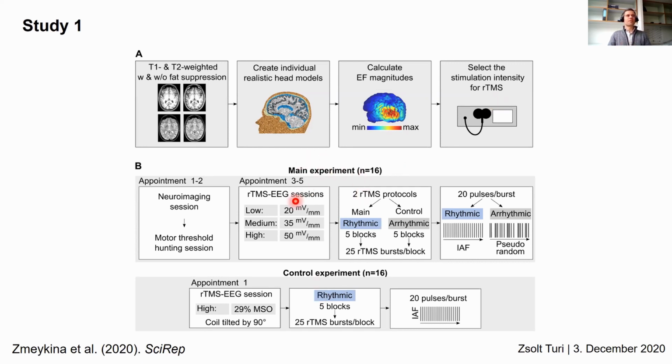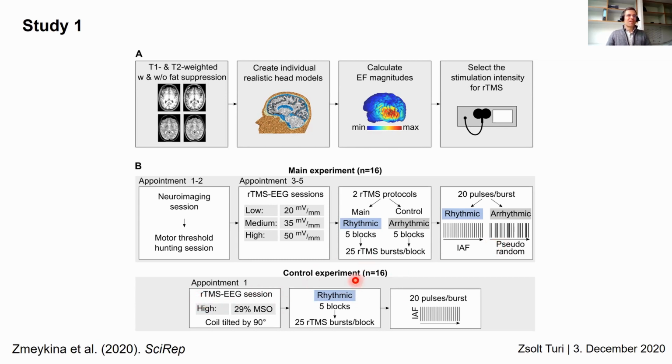In the main experiment, each participant took part in a random order in 3 different conditions. And in each intensity condition, the subject received rhythmic and arrhythmic protocols. So the main difference was that in the rhythmic protocol, we applied the rTMS pulses rhythmically at individual alpha frequency, whereas in the arrhythmic condition, it was pseudo-randomized. So it was not rhythmic, but therefore arrhythmic, but all other parameters were kept constant.